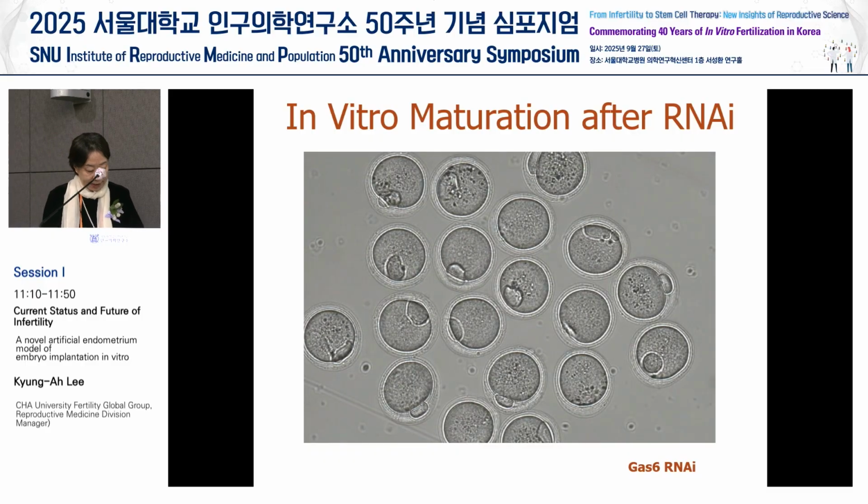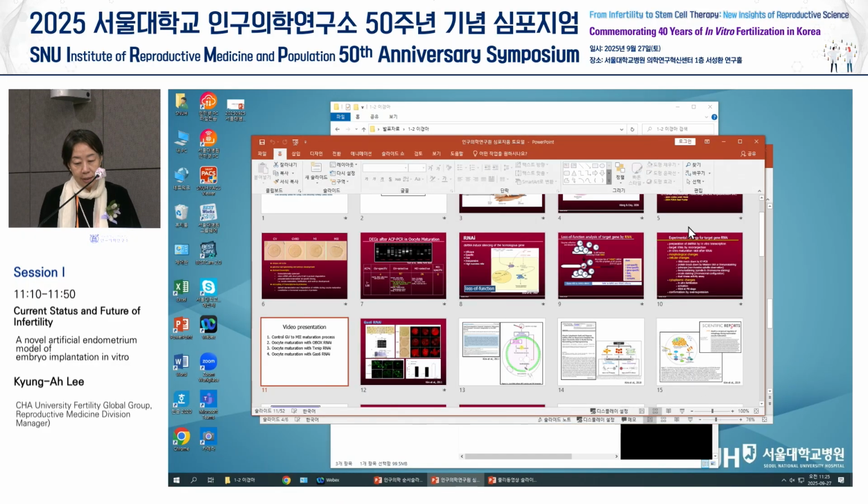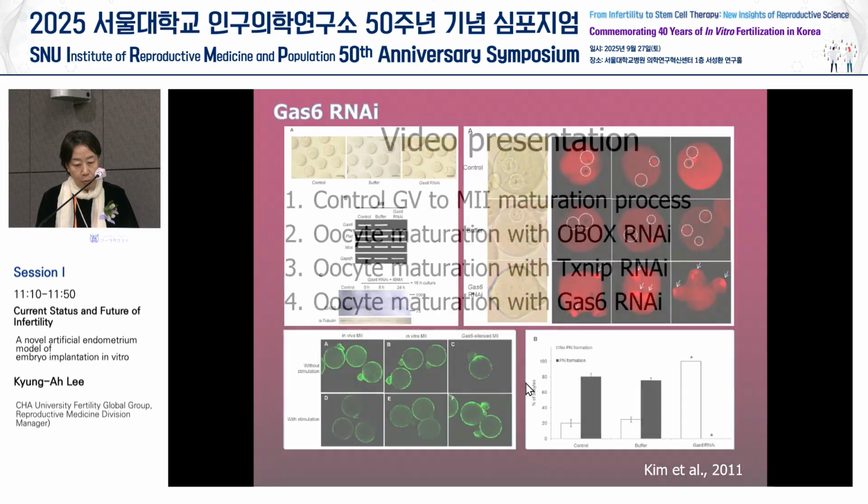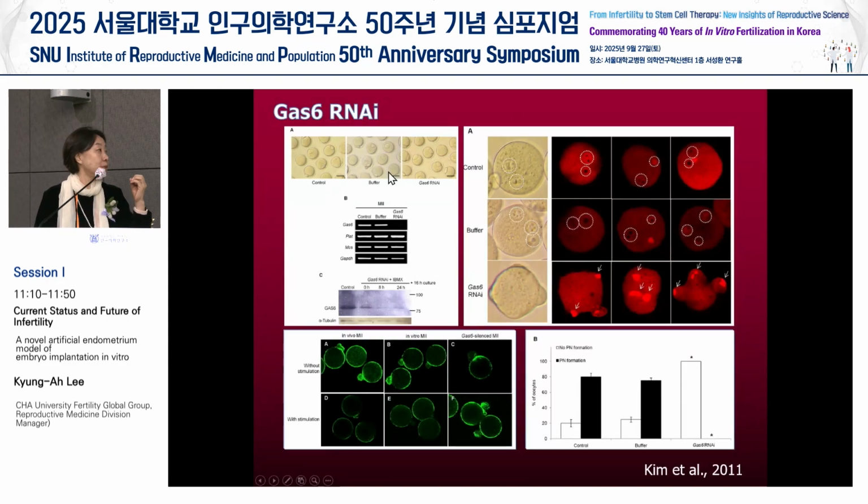However, GAS6 mRNA and protein are gone, so what happened was not normal. Cytoplasmic maturation didn't occur. So the sperm penetrated the cytoplasm, but pronuclear formation, which was observed in control and sham control, did not occur.